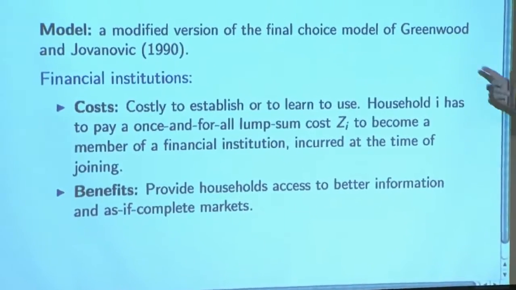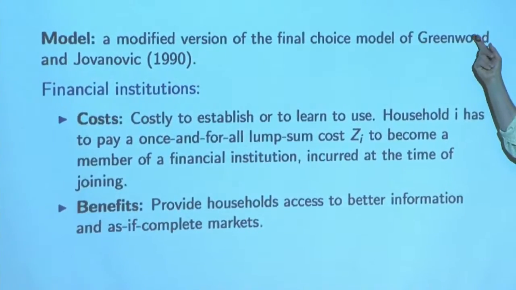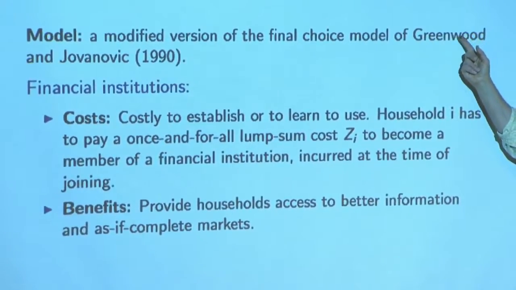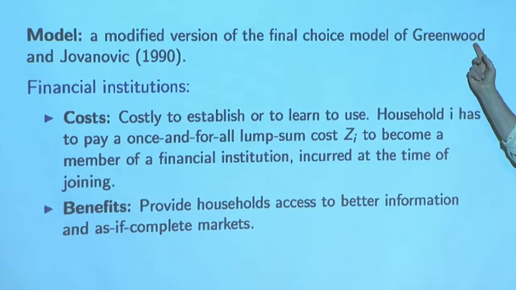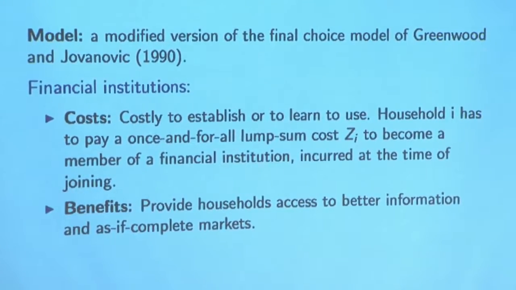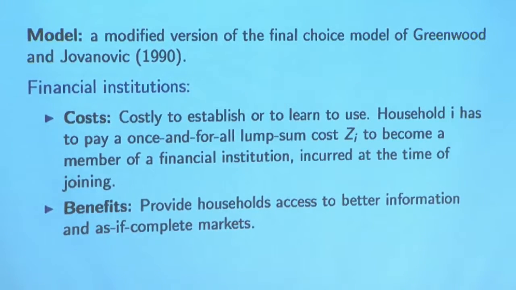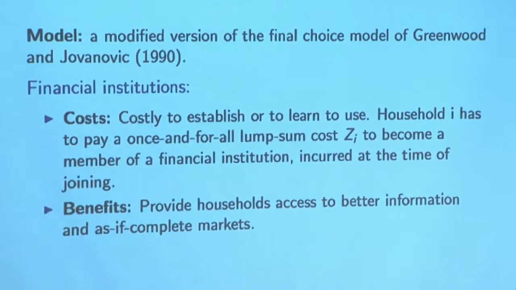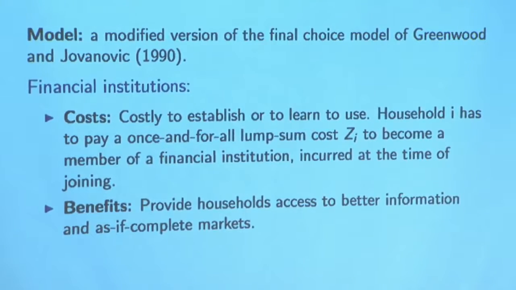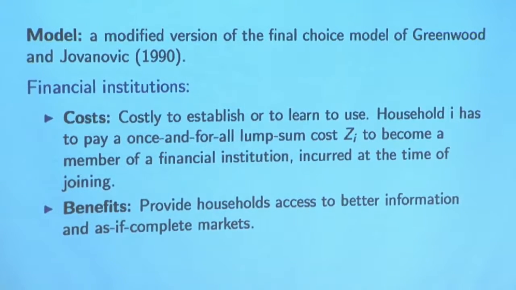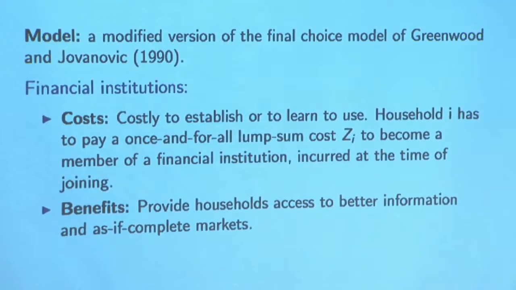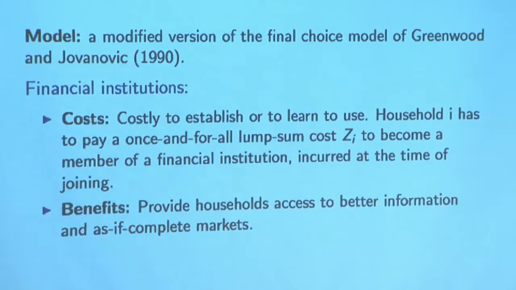So what are we going to do? You've seen this model before. This is Greenwood and Jovanovic. By the way, we're sort of in the data micro part of the class. Don't forget about all that macro. So the Greenwood-Jovanovic model assumes that the benefit of being in a financial institution is better information and risk sharing.